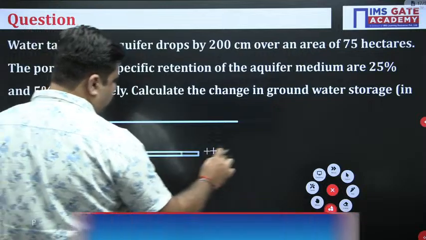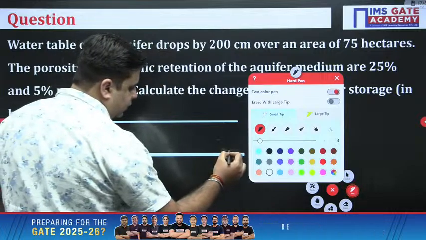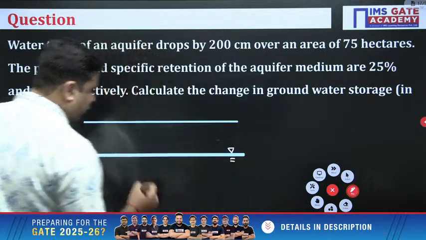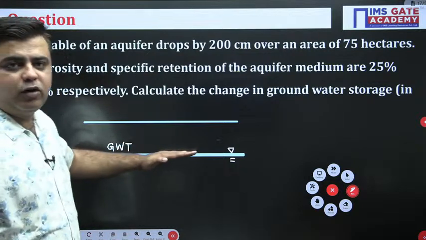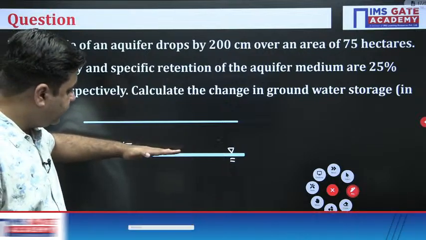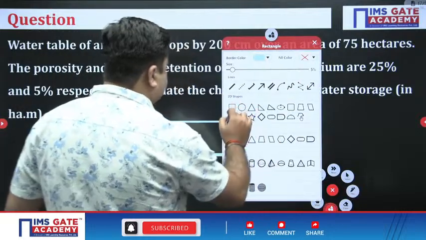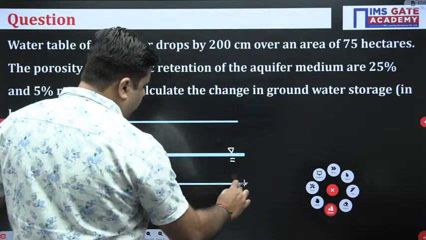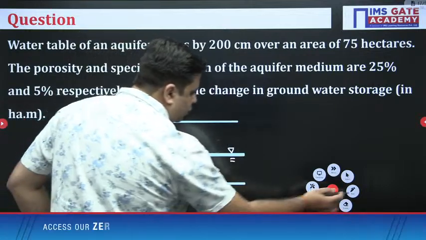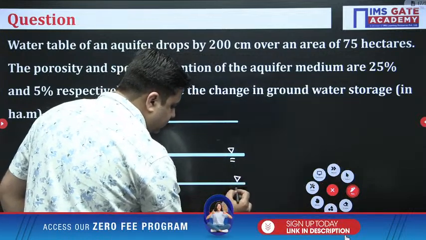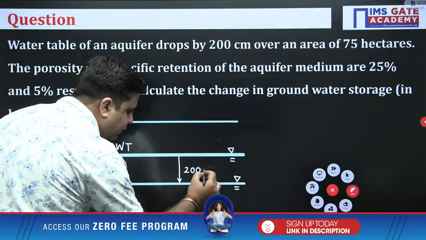From this ground level, this is the initial position of groundwater table, and after pumping, this level of water has dropped by 200 centimeters.